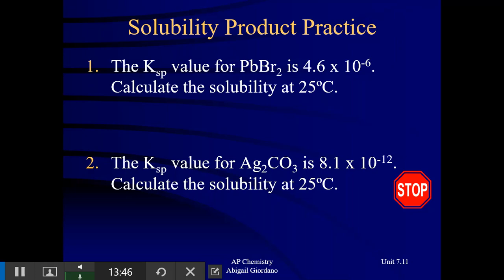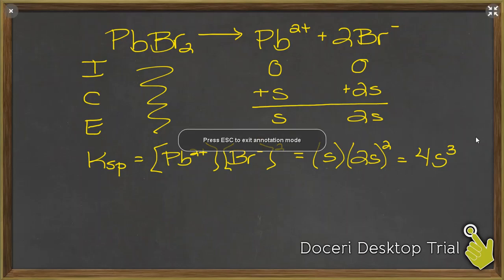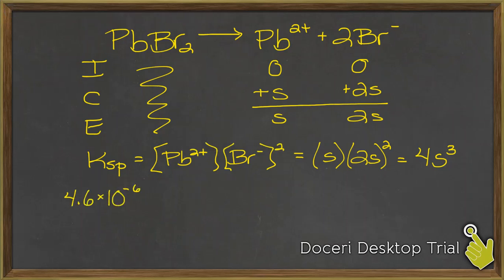Now, if we come back to the problem, we were given the value for the KSP, 4.6 times 10 to the negative 6th. And that is equal to 4S cubed. Okay? If you do a little algebra here, and I'll do this with you, we're going to divide both sides by 4, and then take the cube root of that number, and that is going to give me a value for S, that's solubility.